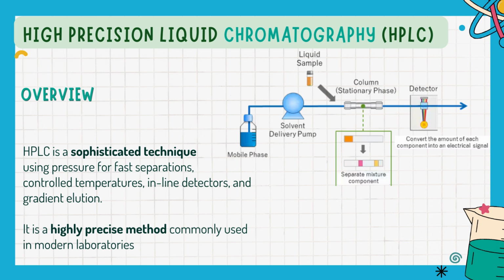HPLC is widely used in pharmaceuticals, environmental analysis, and food safety because HPLC offers precision, speed, and the ability to handle complex mixtures. It's common in research labs again.